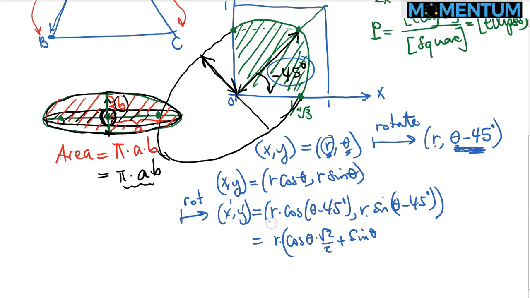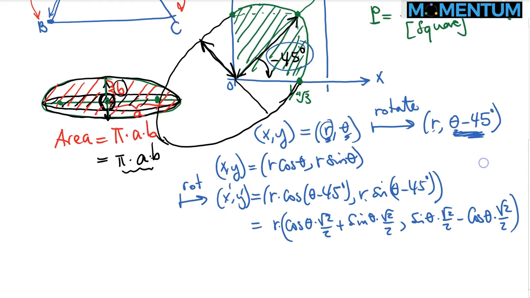Then comma, so we already took care of the r. Sine theta cosine of 45 degrees, which is root 2 over 2, minus cosine of theta times root 2 over 2. We can, in fact, even factor out the root 2 over 2 as well. But actually, let's keep the r inside.